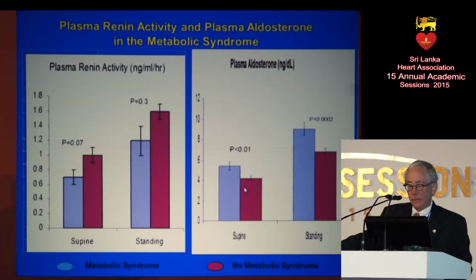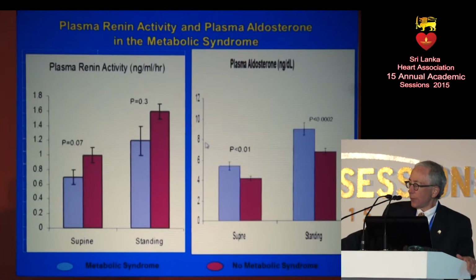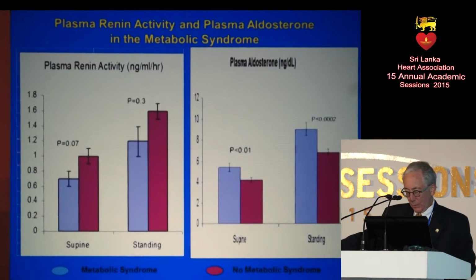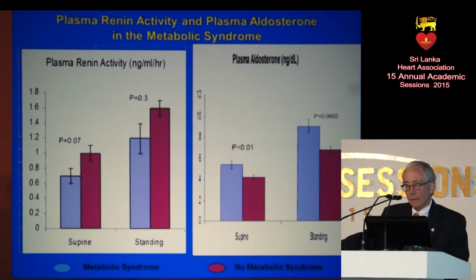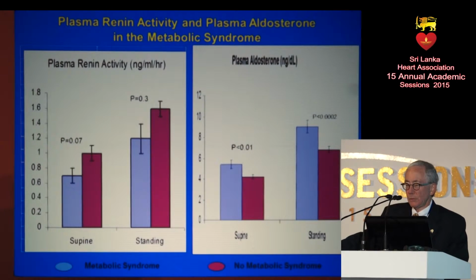And obviously, look at the differences in terms of reductions in plasma aldosterone. So there is something wrong about people who have visceral adiposity in terms of how it alters the balance between plasma renin activity and aldosterone.